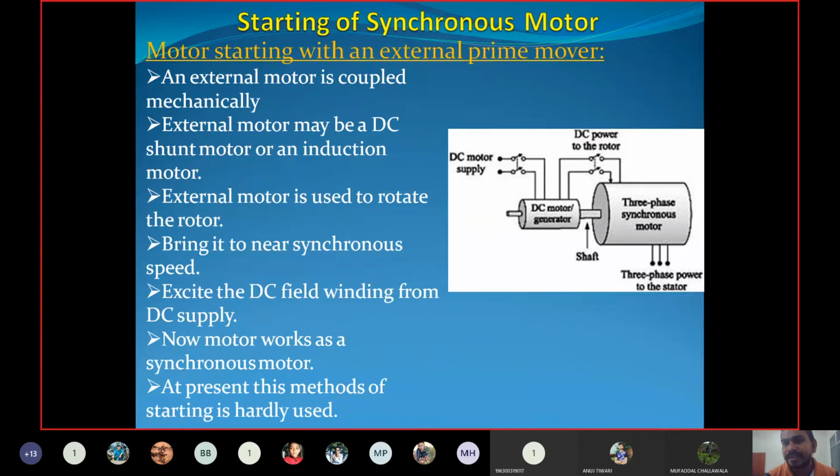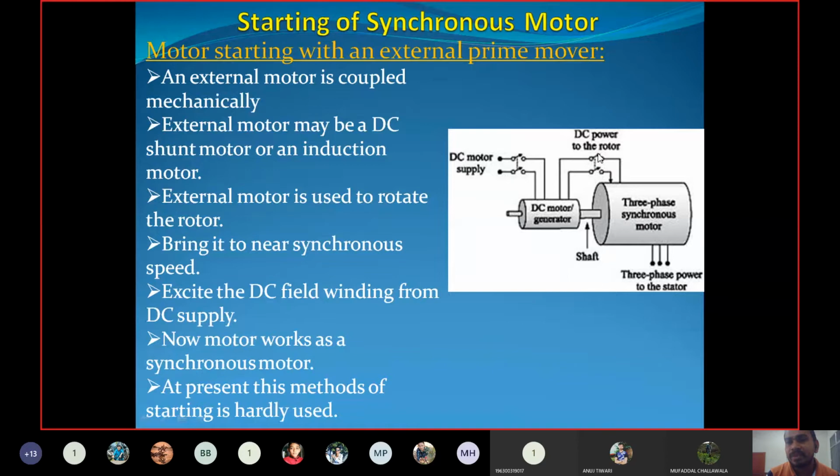Up to this point, this motor operates as an induction motor. It will not operate as a synchronous motor. If we are not giving excitation to the field winding of the synchronous motor, the motor will operate as an induction motor.